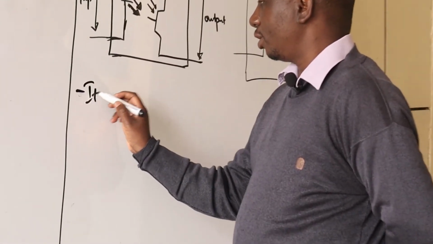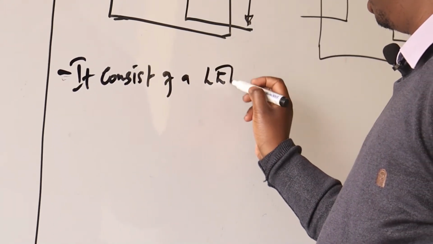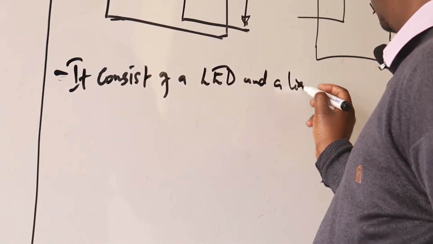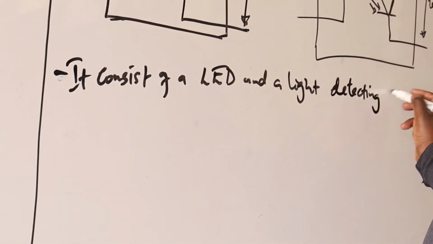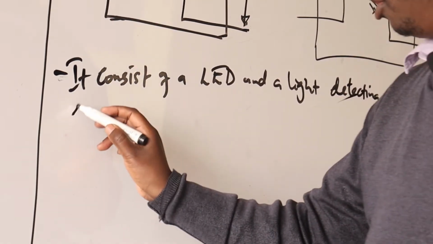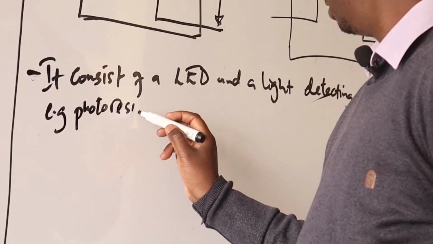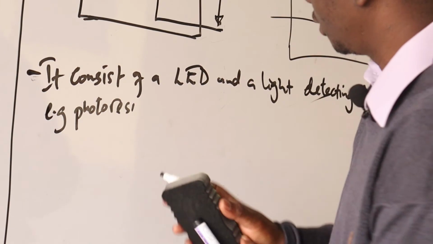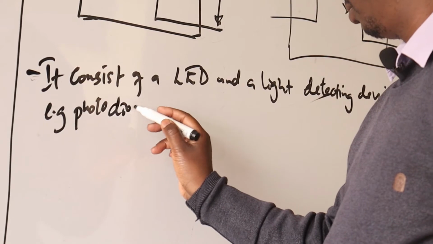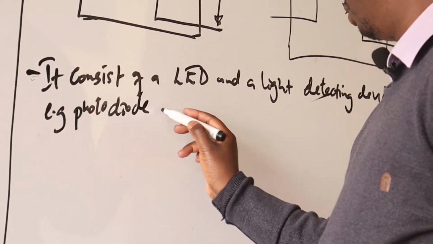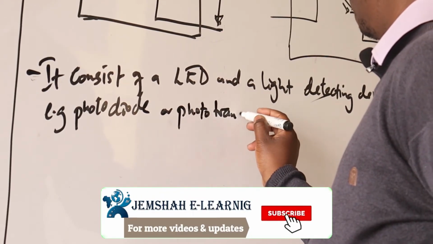So it consists of an LED and a light detecting device, e.g. a photodiode, or a photoresistor, or a phototransistor.